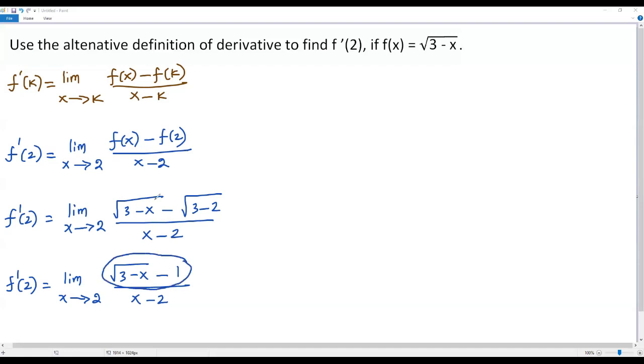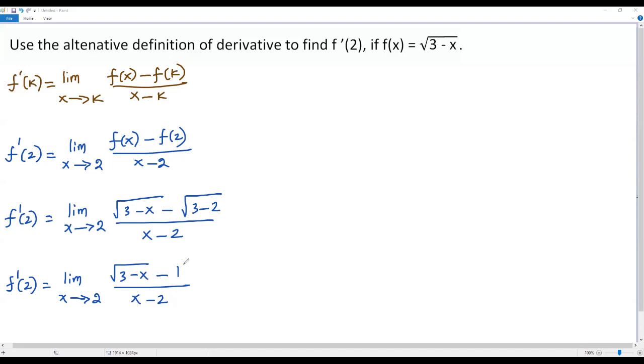So what is the conjugate? Here the numerator has the square root. You just write the same expression with a positive sign in the middle. Already we have a negative sign, so you just change the sign in the middle. The expression I get is called the conjugate. To simplify this function, I multiply the conjugate of this part in the numerator and denominator. Always consider the expression which contains the radical to get the conjugate.